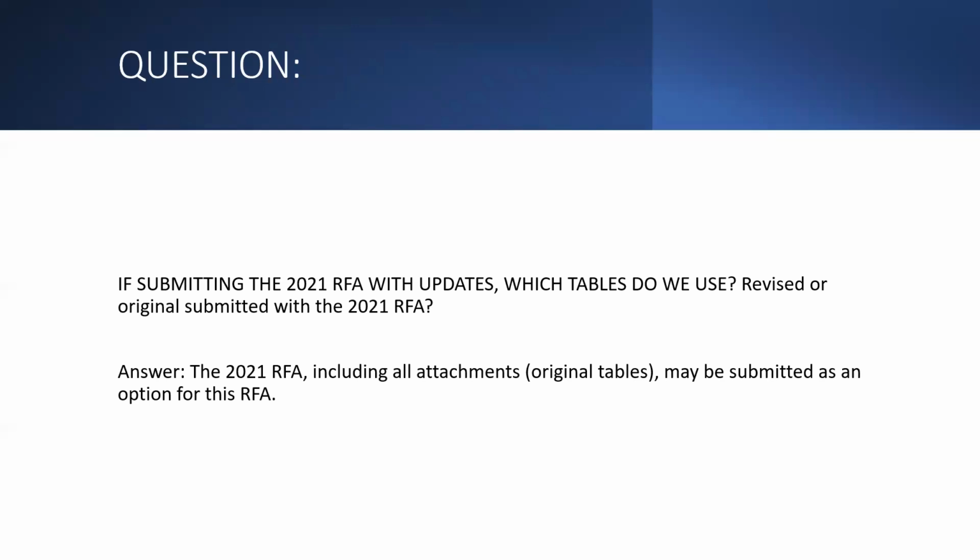What you would do is submit the 2021 RFA with all of the attachments you originally used, updating those attachments with anything that has changed since you submitted the 2021. As you'll recall, throughout the 21 year and the following continuation years, you were just updating those years. So you would continue to update those tables and submit them to us with that original application updated. That is an option this year.